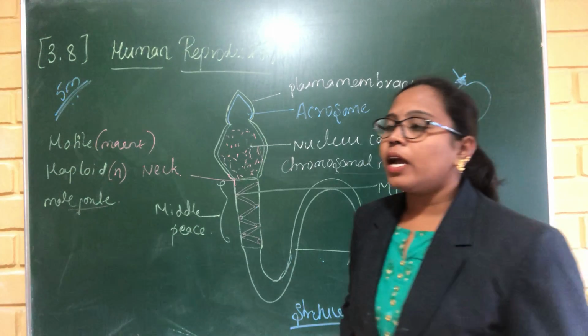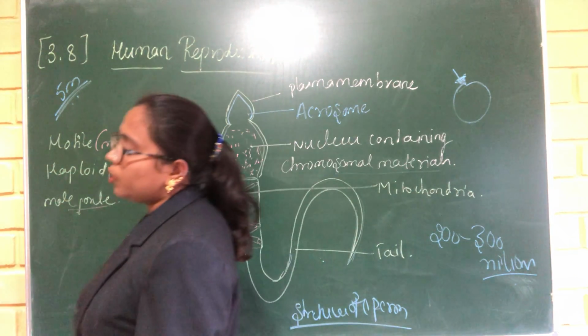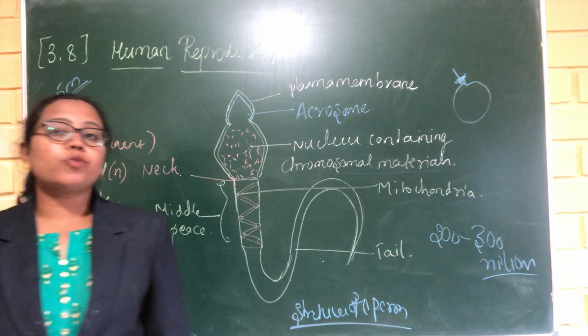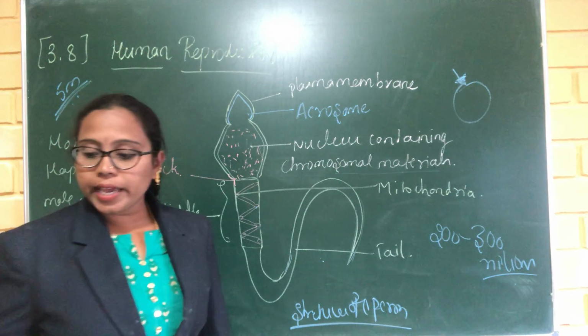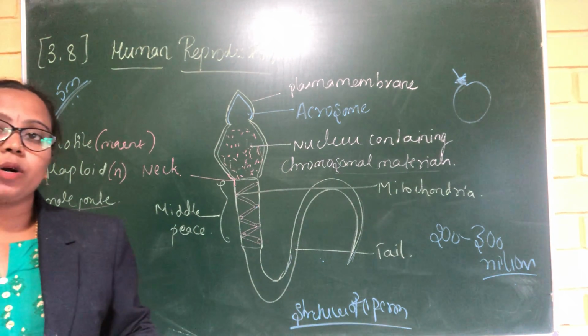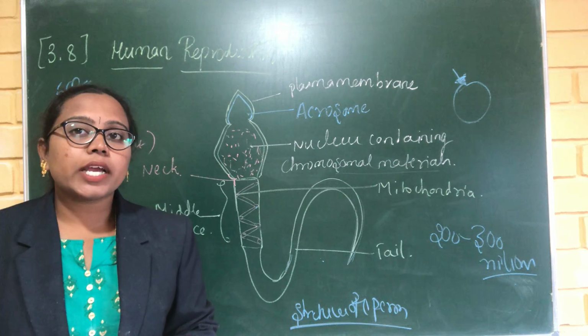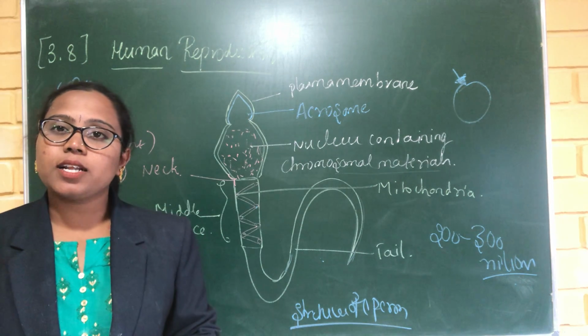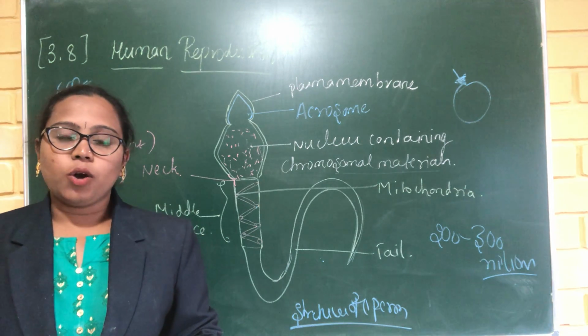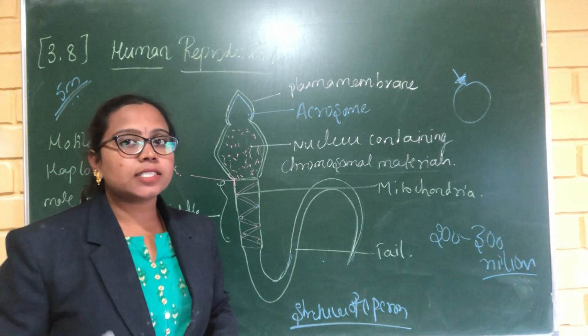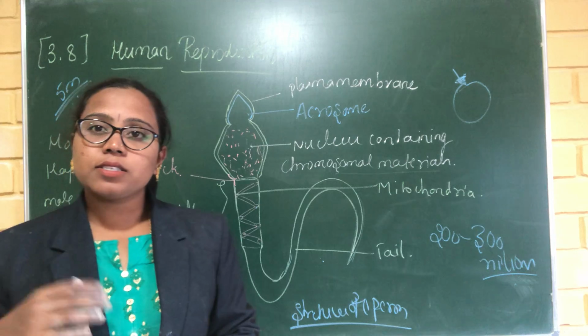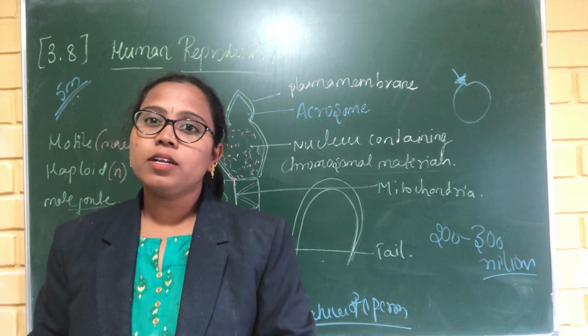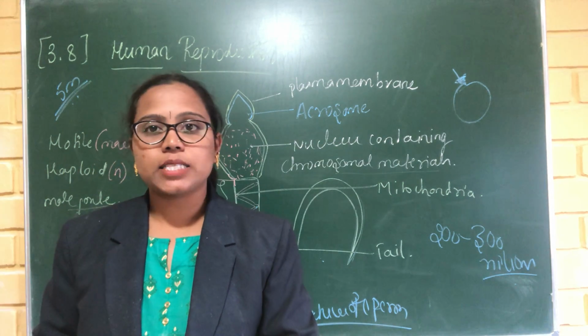During coitus, 200 to 300 million sperms are ejaculated from the external genitalia of the male. The sperms are not released separately; they are always ejaculated within the seminal plasma.